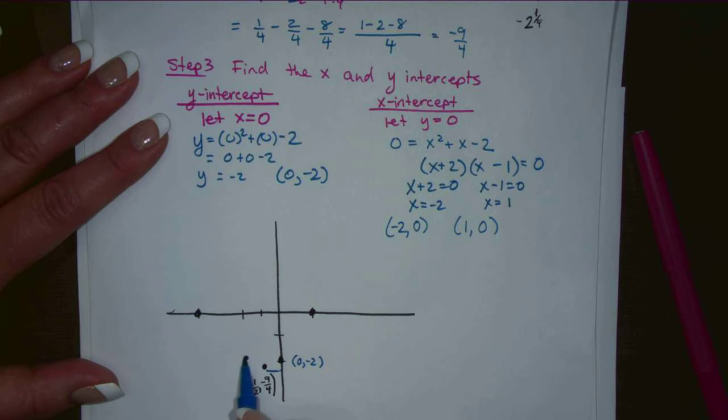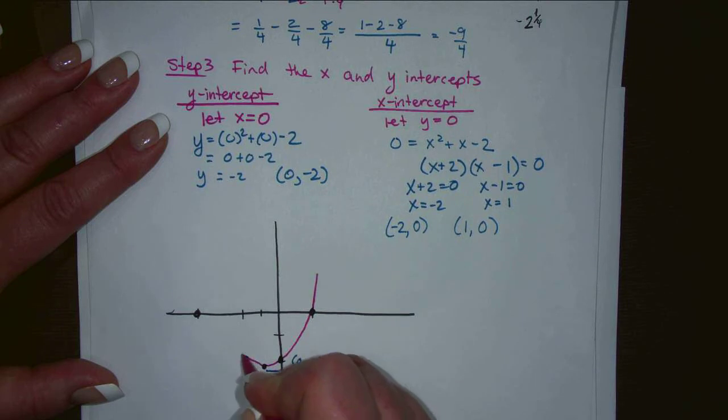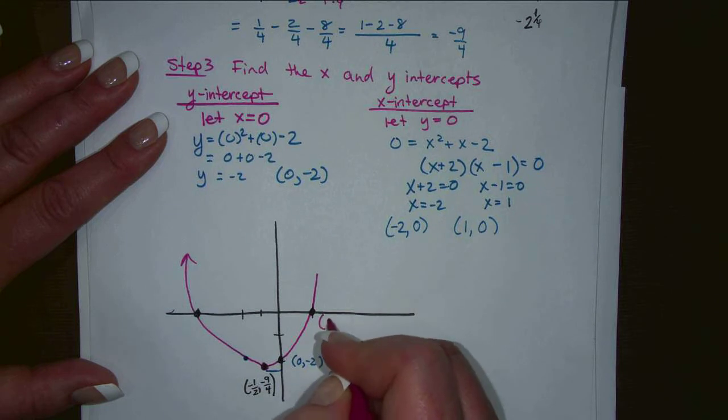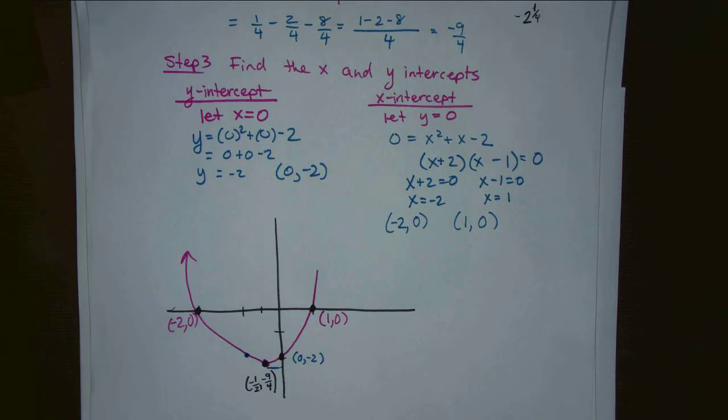Negative 1. So there would be a point there. Your vertex is at the bottom, and your other points are symmetric. I didn't even write that in, but you can think about there being a point there. You don't really need to find it. I was just asking to see if you could, but you don't really need to actually find what that point would be. But just remember that they're all even. So if there's one on one side, going to be an equal one on the other side.